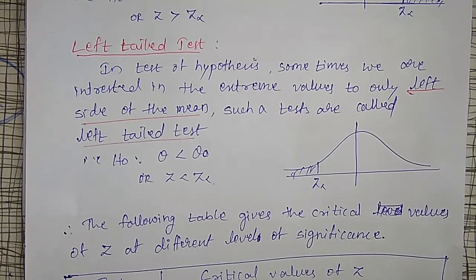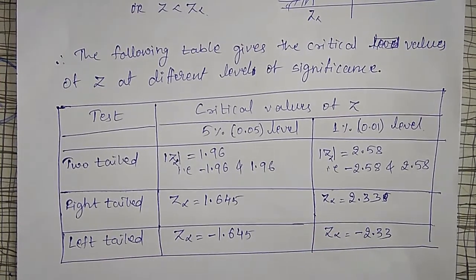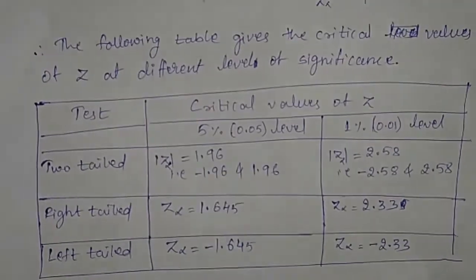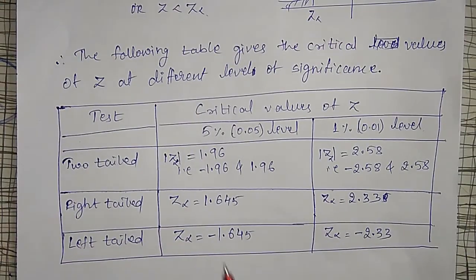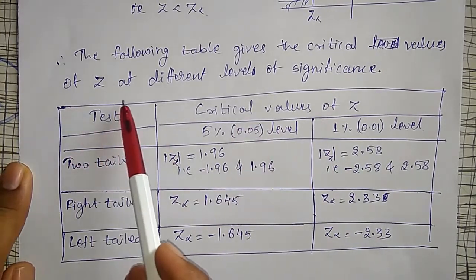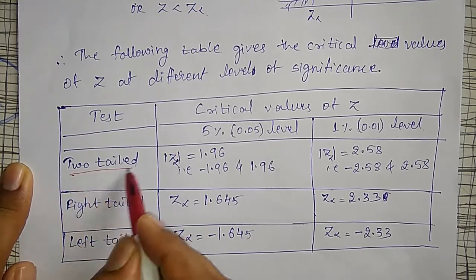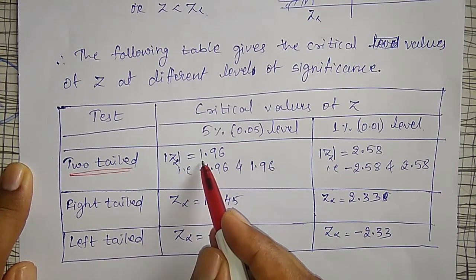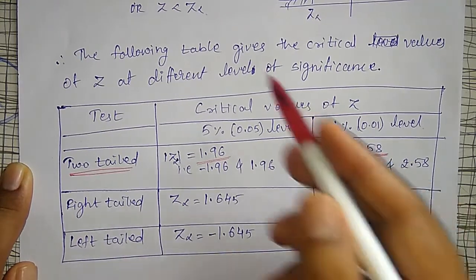Before that, you should remember this table for calculation. These values will not be given in the problem; you have to remember these critical values. The following table gives the critical values of z at different levels of significance. For the two-tailed test, the critical value for 5% level of significance is plus or minus 1.96; the modulus of the z value should be 1.96, and for the 1% level it is 2.58. I already explained how.